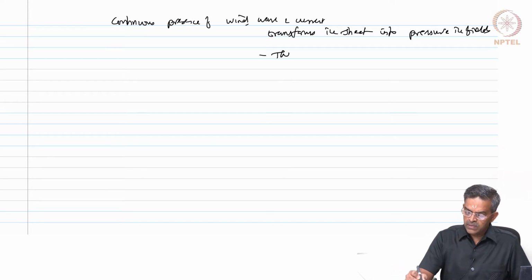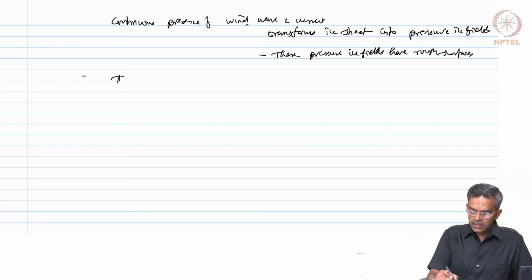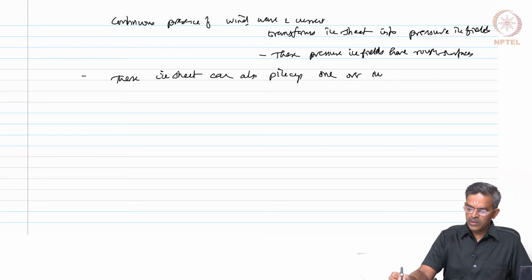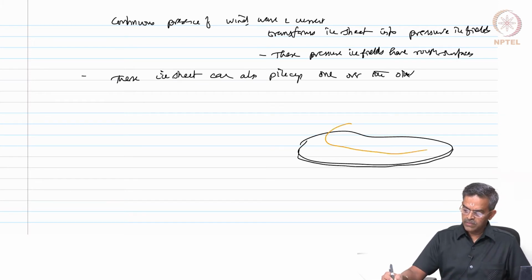These pressure ice fields have rough surfaces. These ice sheets can also pile up one over the other. You have an ice sheet of certain thickness, there can be another ice sheet of another thickness, and they can get piled over.